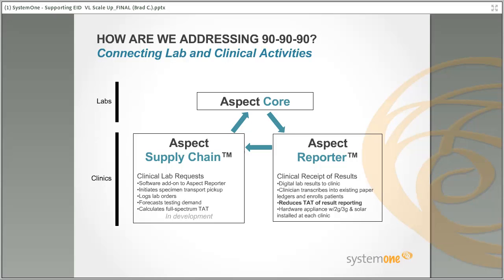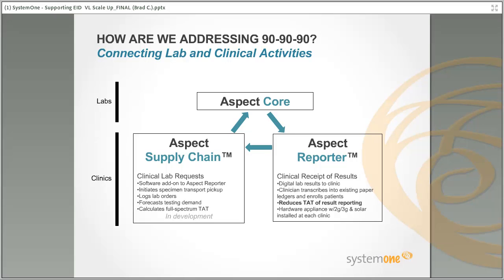The Aspect Reporter is really the receipt of these results at the referring facilities and the ability for the staff to receive those within 60 seconds of them being processed on a laboratory analyzer, and really help significantly reduce the turnaround time for getting these results back to the clinics.